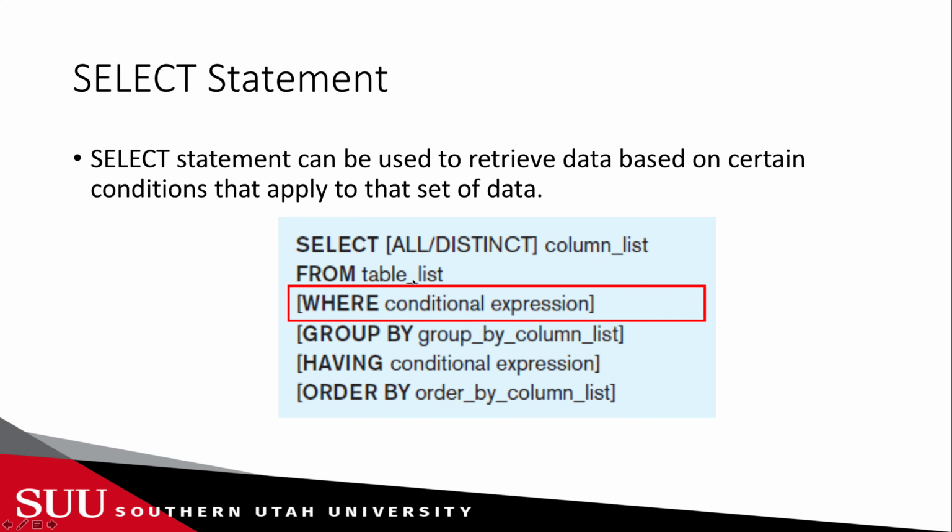So these are things that have to be in a select statement. And then optionally you can have your where statement with some conditional expression. We will go through the other ones one by one, but right now this is our focus. So our focus for this specific video is going to be the where clause. Now it says you will need a conditional expression for the where clause.